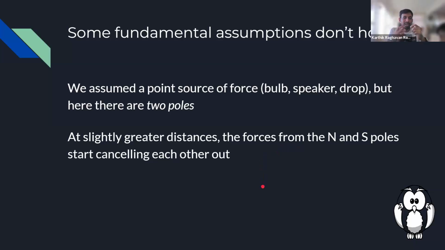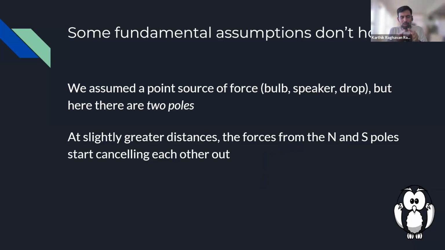Now, why is that important? When you have a north pole and a south pole, at some distance away, the attraction of one pole starts getting cancelled out by the other pole's force. Essentially the north and south pole forces start cancelling each other out. And the force is no longer a sphere. It is no longer a bubble.